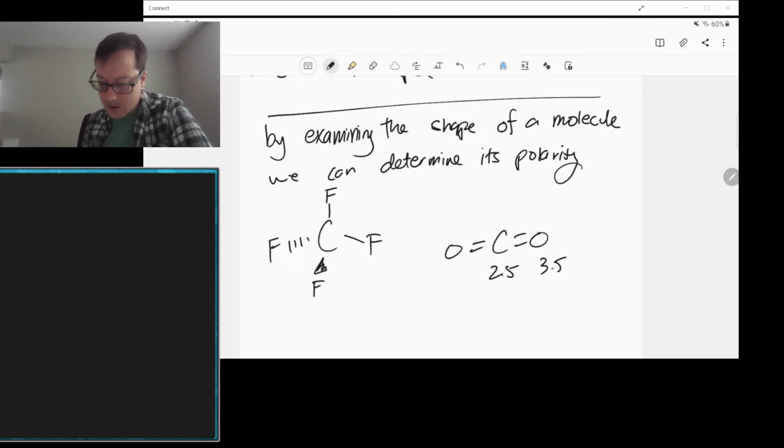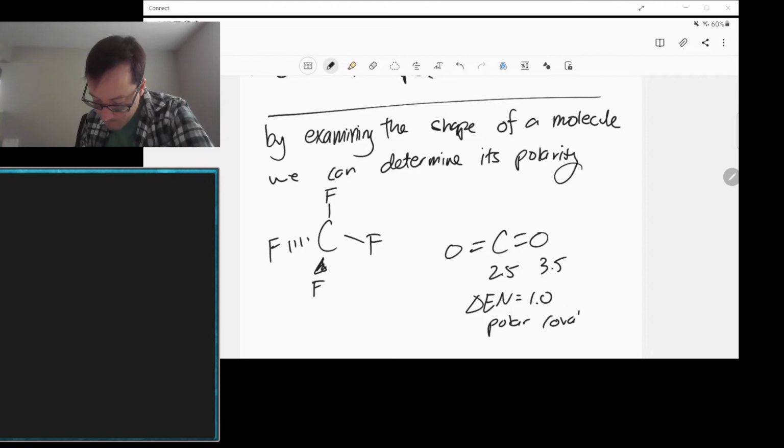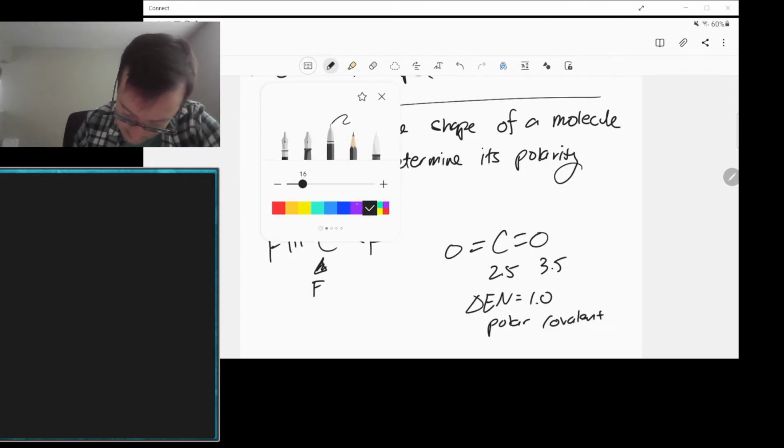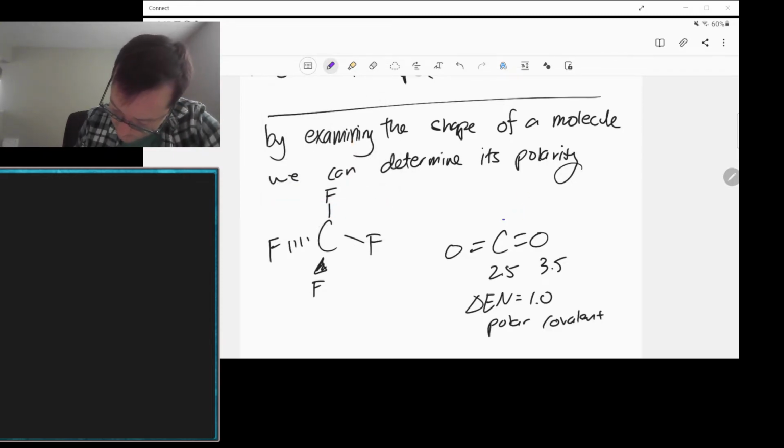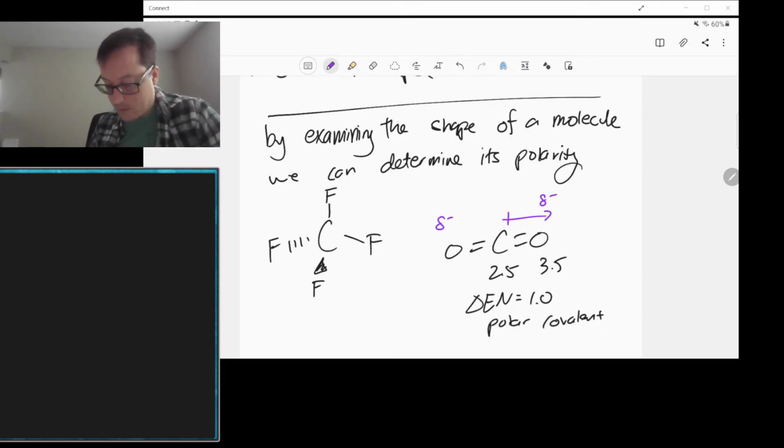The difference of electronegativity is 1, polar covalent, right? Smack dab in the middle of the polar covalent range. So that tells us that we have partial negatives on the oxygens and partial positives on the carbon. Have I shown these dipole arrows before?